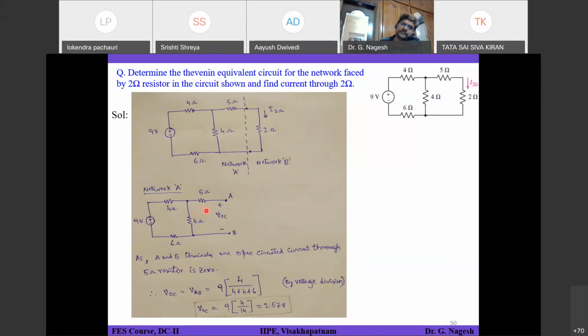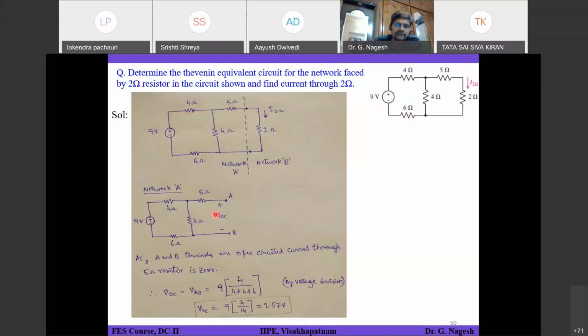That's what the Thevenin equivalent resistance is. Your question is very good. You are saying that in calculating VTH, the effect of the 5 ohm resistor is not seen, so that effect is missing in calculating VOC.